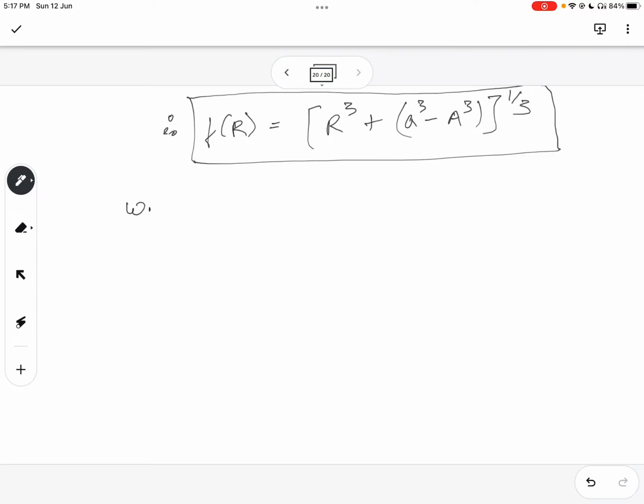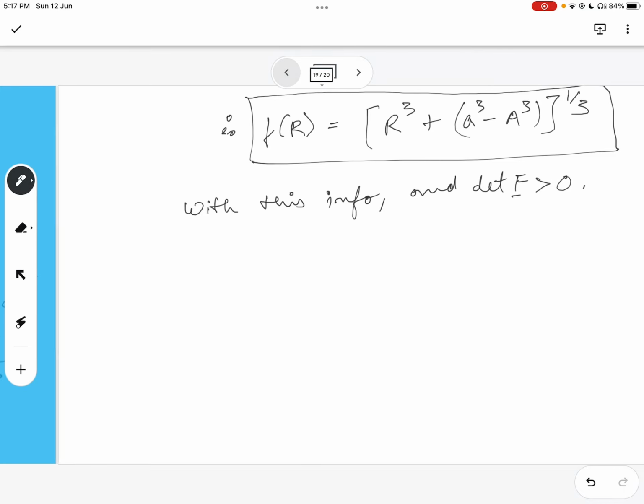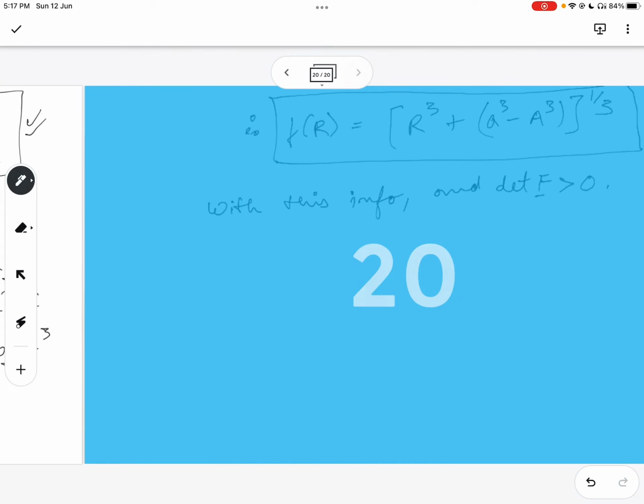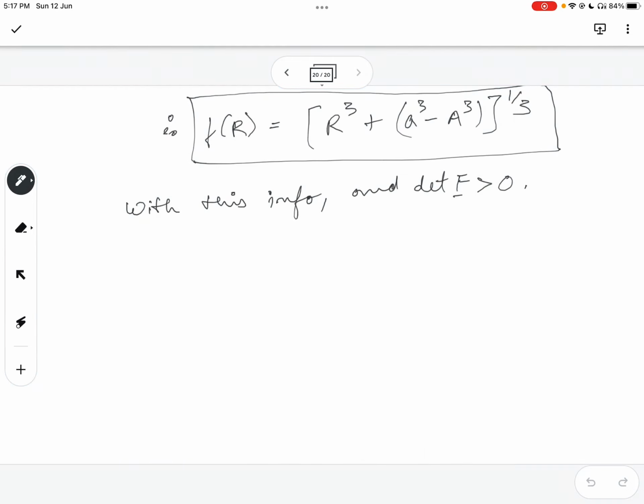Now with this information, and that determinant F is greater than 0, it's 1, so it's greater than 0, we can calculate F easily using this expression in matrix form.